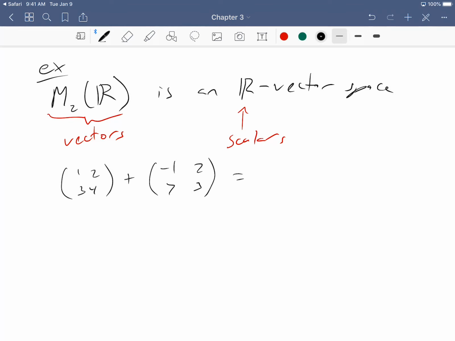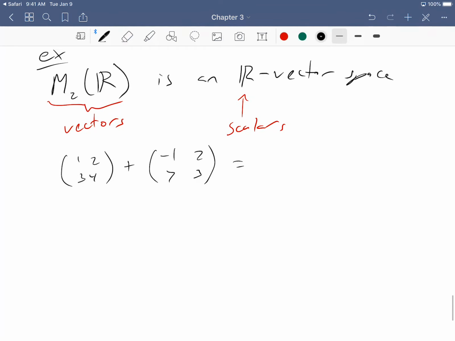And I know how to add them, and it's an abelian group under addition, and I have all those good properties. And I know how to multiply matrices by scalars, by real numbers. So I can take, for example, -4 times my 1, 2, 3, 4, and I get -4, -8, -12, -16. This example should feel a little familiar.